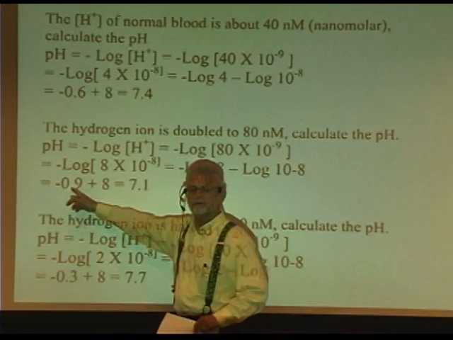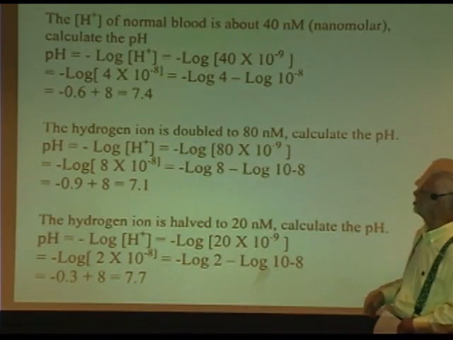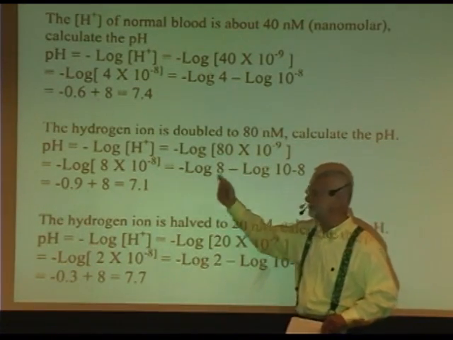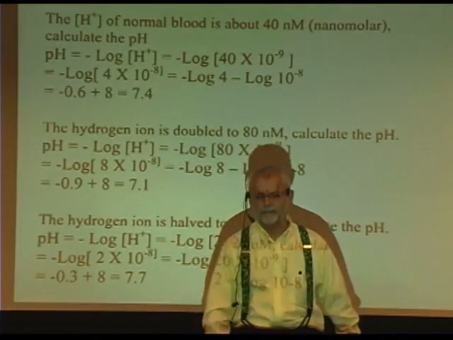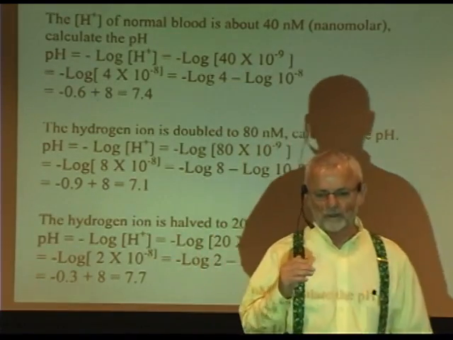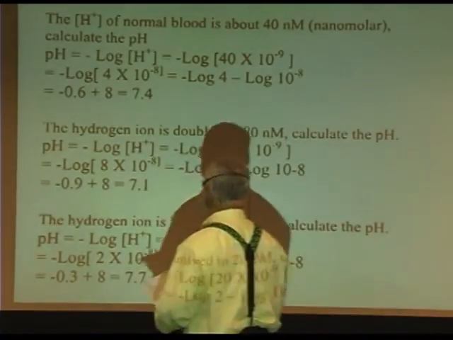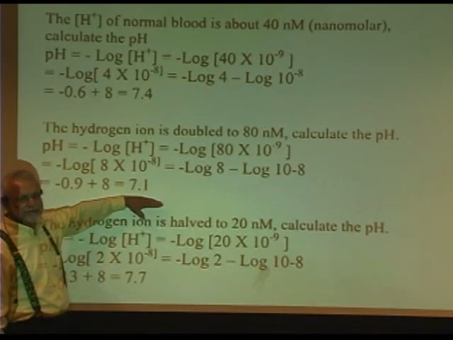That gives you a minus 0.9 there. The log of 10 to the minus 8th would be minus 8 times minus 1, gives you 8, so it's 7.1. So we doubled the hydrogen ion concentration, and the pH went from 7.4 to 7.1.